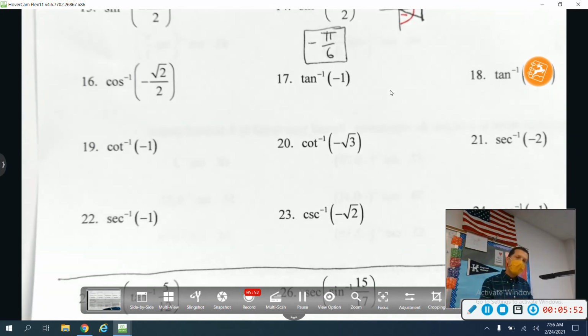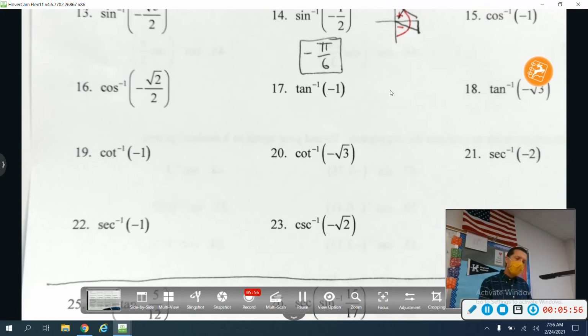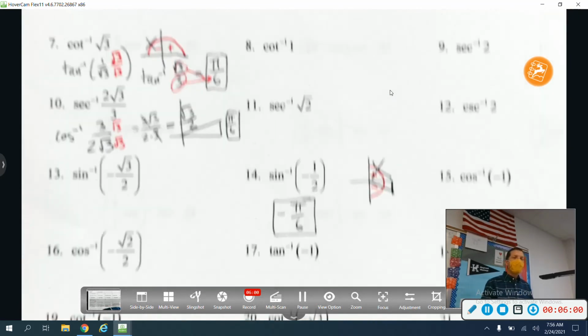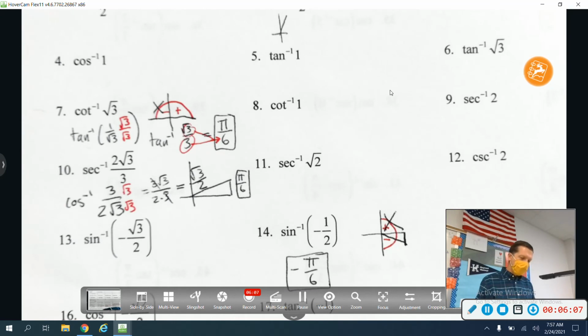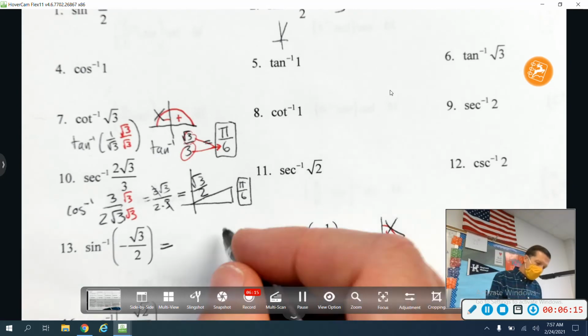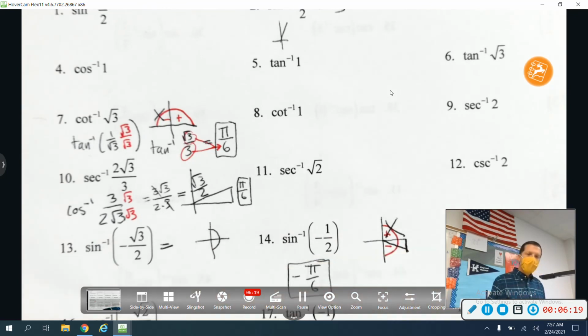Wait, if it's like negative of another one, your final answer, is it just negative of the answer? Not necessarily. That's a really good question. See if I can repeat it the way Andrew said it. If it's negative of another one, is the answer just negative of what we got? Something like that. Yeah, comparing number 13 and number 2. So sine has to come from first or fourth.